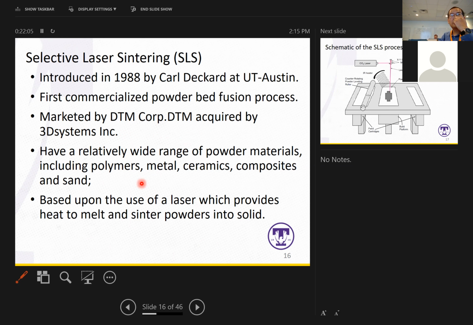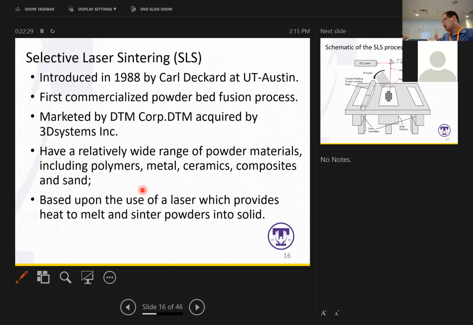They could make parts with polymers, metal, ceramic, or even some composite material. And recently they use sand to make some glass-like shapes. But same concept, same way for the process.